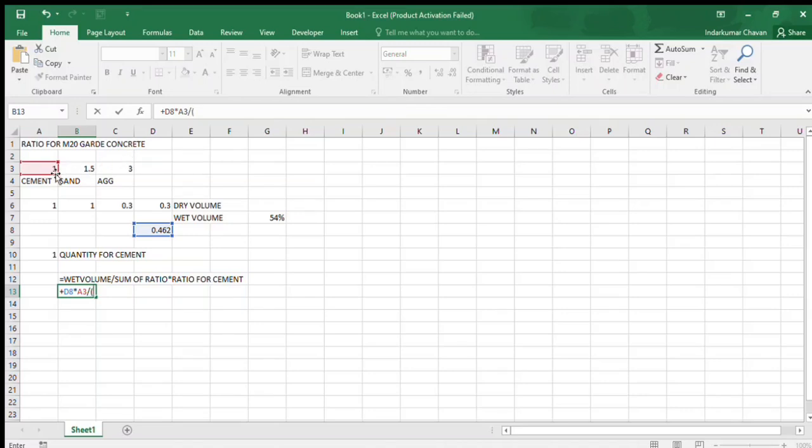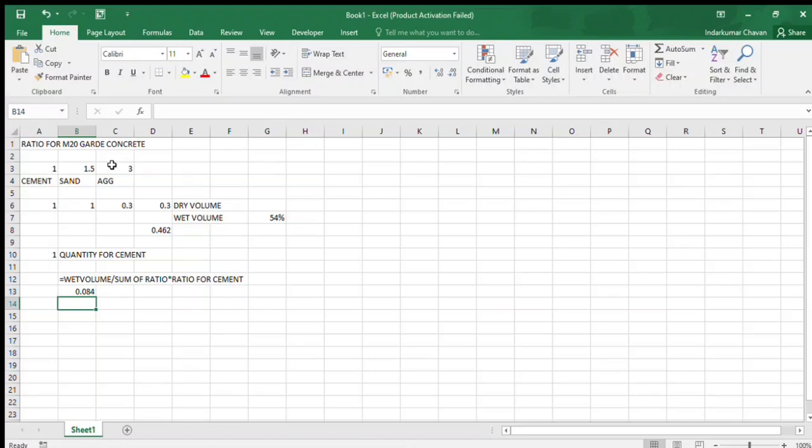Close the bracket and press enter. So for 0.3 cubic meter of dry volume I need 0.084 cubic meter of cement.